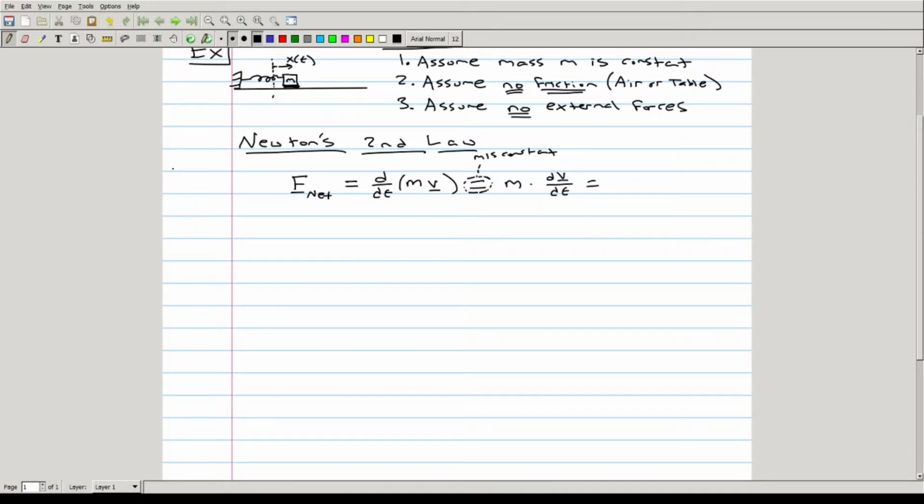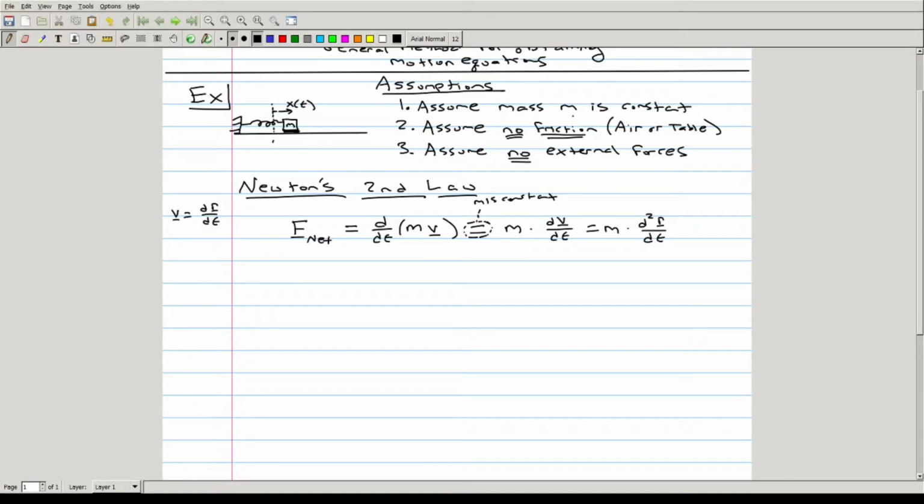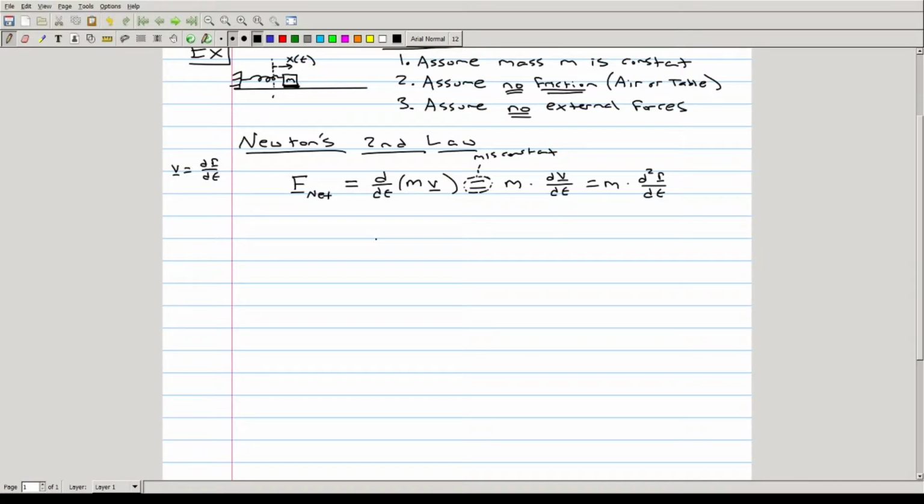Or if the velocity vector we think of as the time derivative of the displacement vector, this is saying that this is m times the second derivative of displacement with respect to time. And if there's no external forces and no friction, then the only force acting on the mass is the force of the spring.